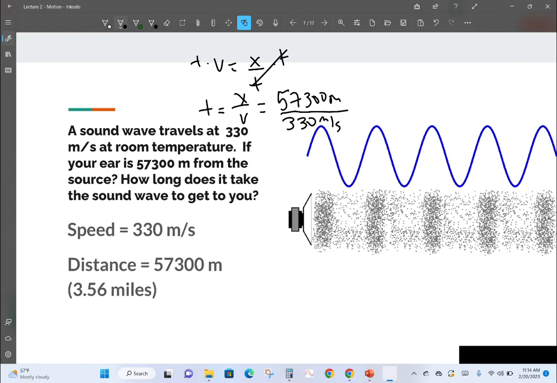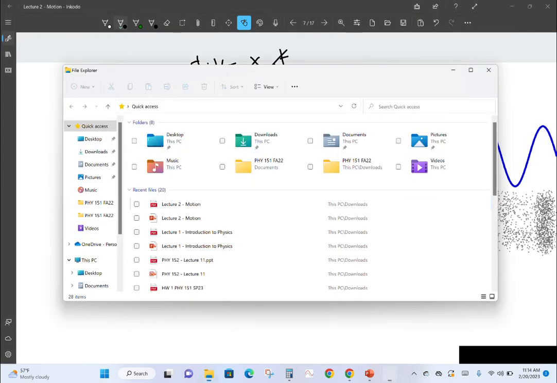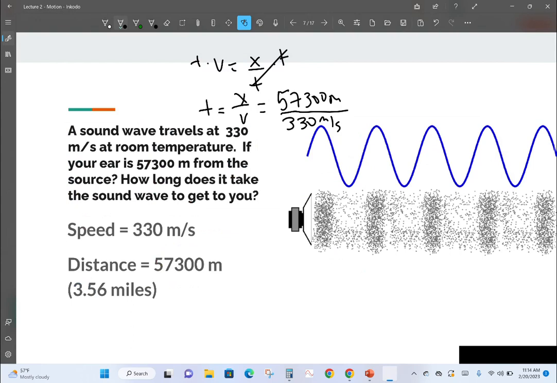So when I put 57,300 divided by 330 in my calculator, I get 173.6 or 174. And let's just show you how the units work. Meters divided by meters per second is the same thing as meters times seconds over meters. So I'm left with seconds, 174 seconds.